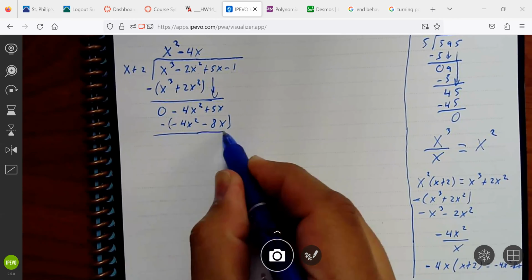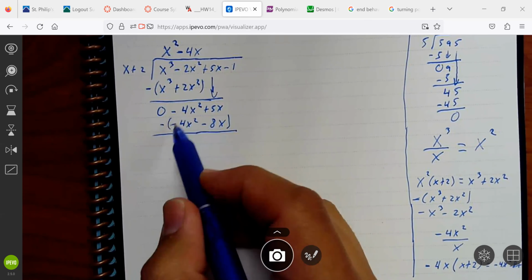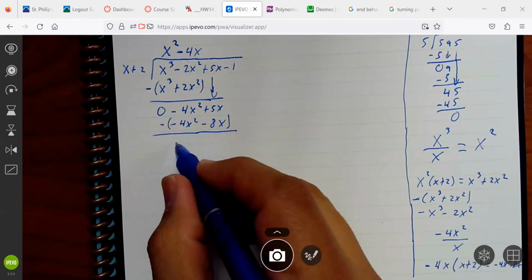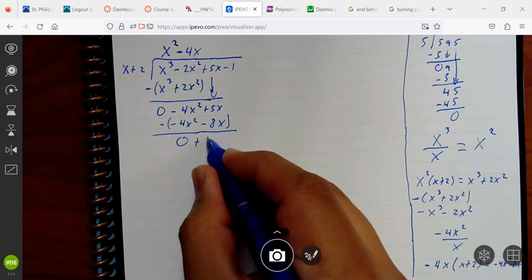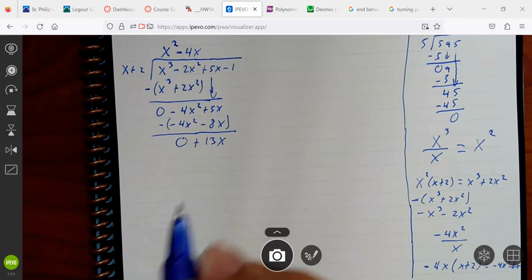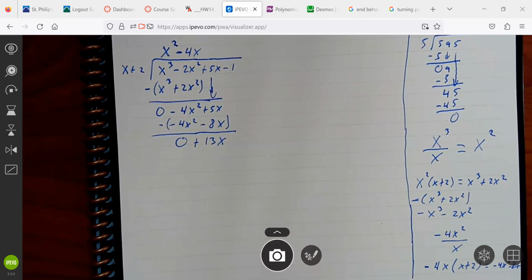So we need to subtract this nonsense. Negative 4 minus minus would be plus, so 0. 5 minus minus 8 would be plus 13. Yes.